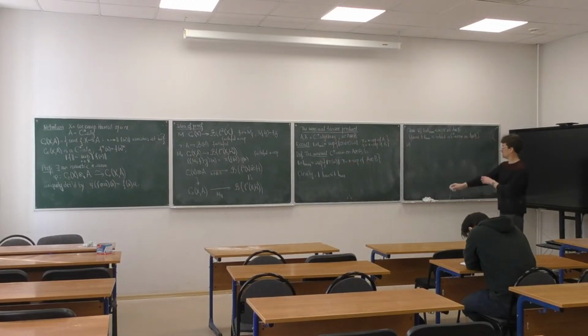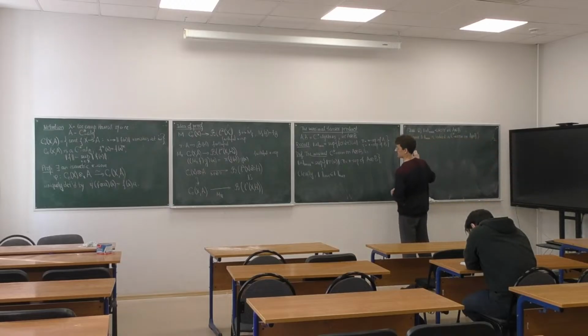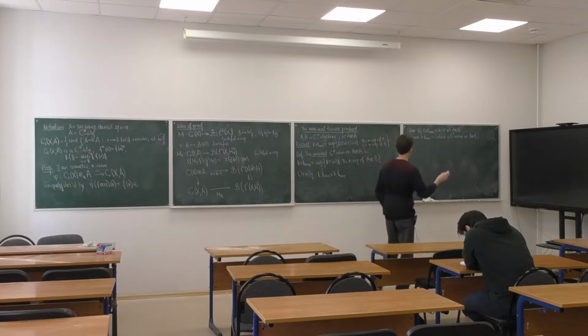Part 2 is about homomorphisms from A tensor B to other C-star algebras.